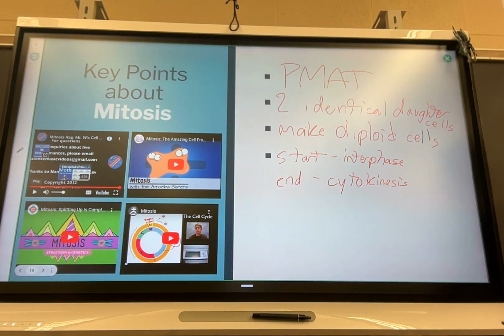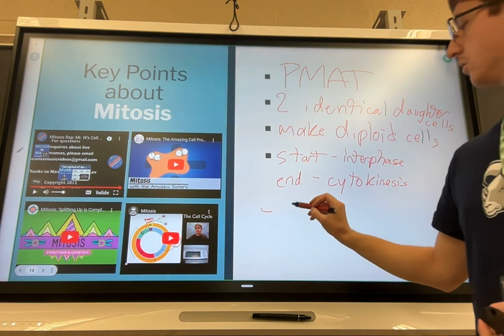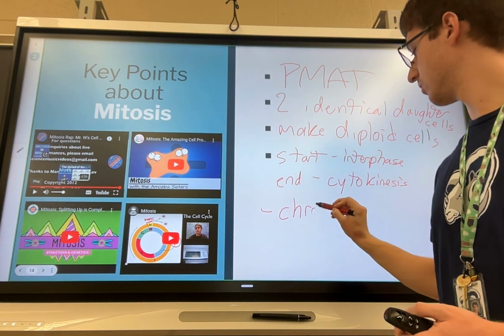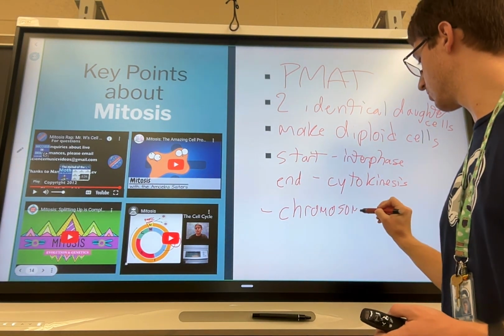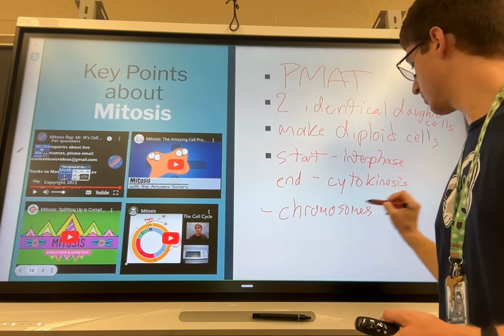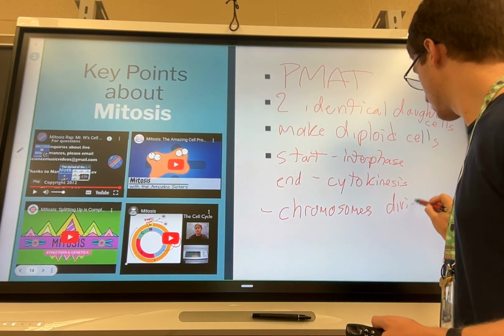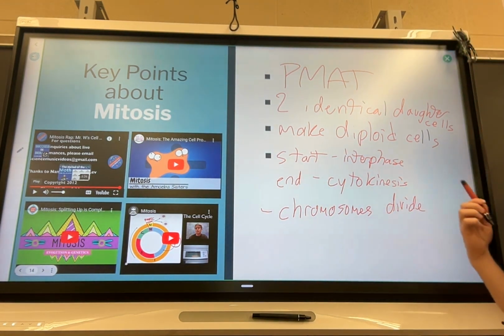So what happens to our chromosomes during mitosis? They split apart. Yes. So what stage is that?